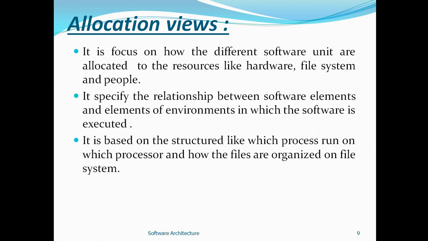It is focused on how the different software units are allocated to resources like hardware, file systems, and people. It specifies the relationship between the software elements and elements of the environment in which the software is executed. It is based on the structure, like which process is run on which processor and how the files are organized on the file systems.